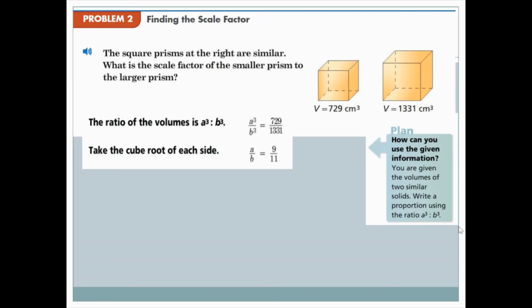How about the cube root of 1,331? Or what number, if you multiply 3 times by itself, the answer is 1,331? Yes, and that is 11. Now, what is our scale factor? The scale factor is 9 over 11.